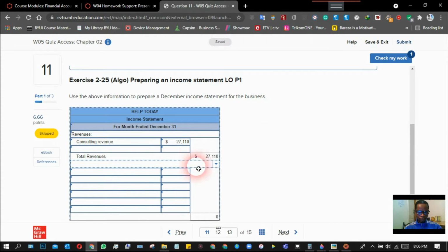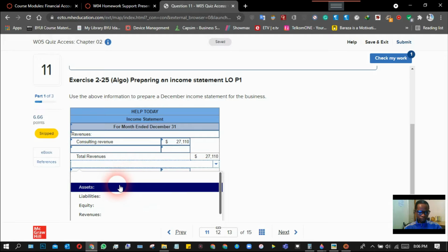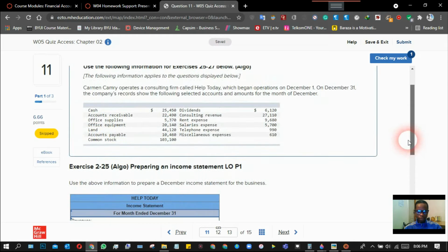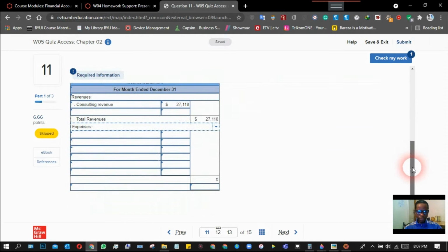So we put here expenses, then under expenses we'll list all the expenses that we have in this information. So the expenses, we have the rent expense, salaries expense, telephone expense, and miscellaneous expense.